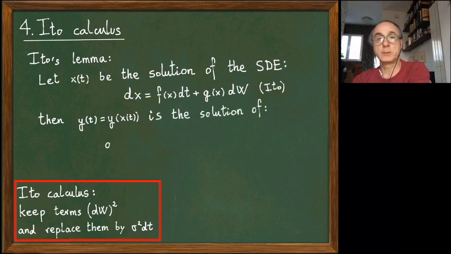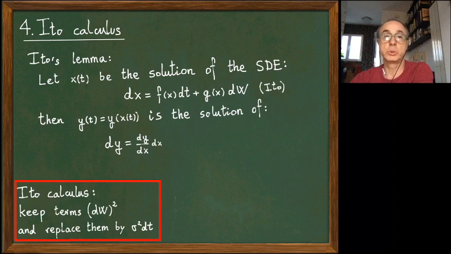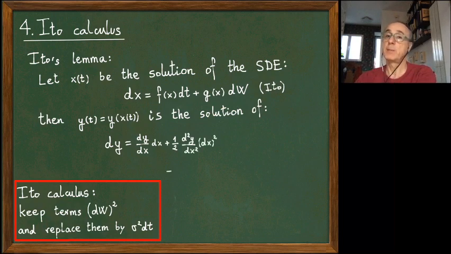In standard calculus, we do the chain rule: we derive y with respect to x, and then multiply by dx, and dx is this one, so we get the equation. But now we know that we have to keep terms of order dW, so we have to keep terms of order dx squared. So we have to go farther in the Taylor expansion and do it like that.